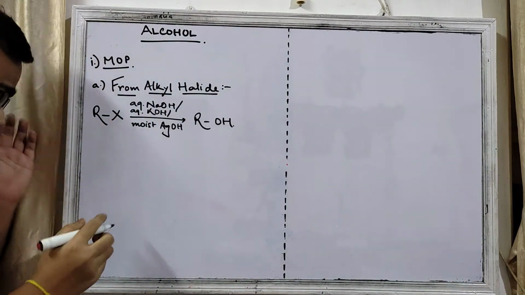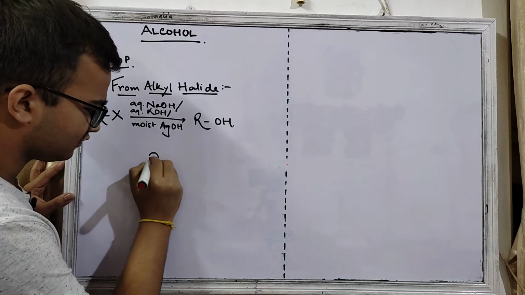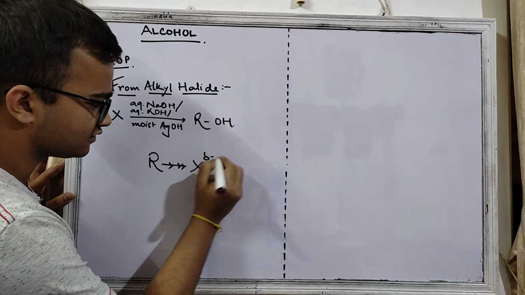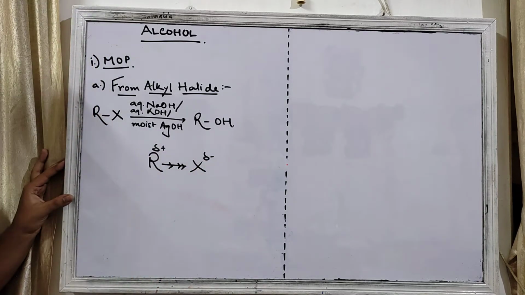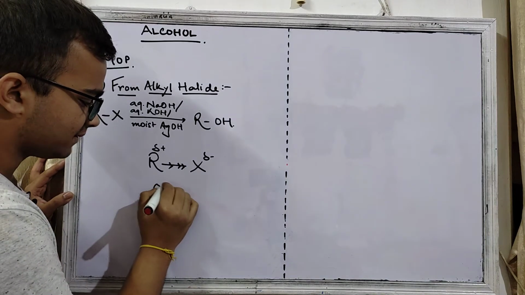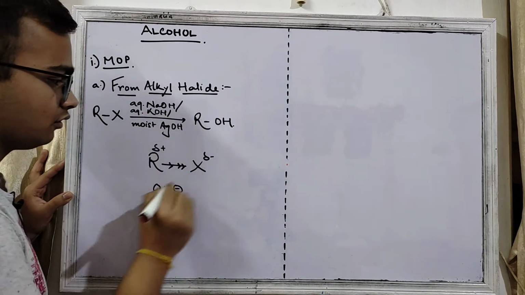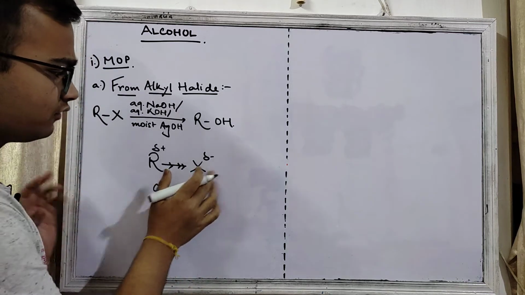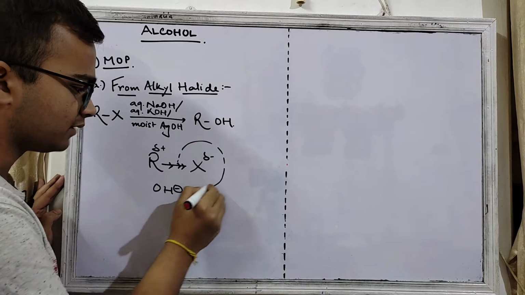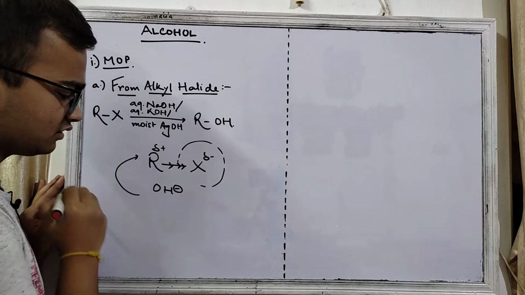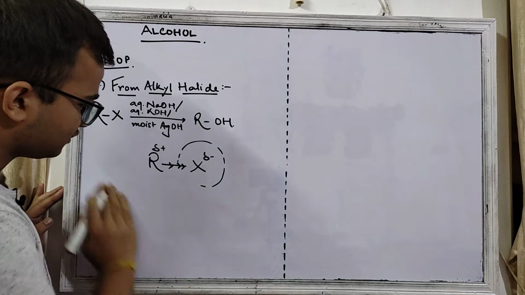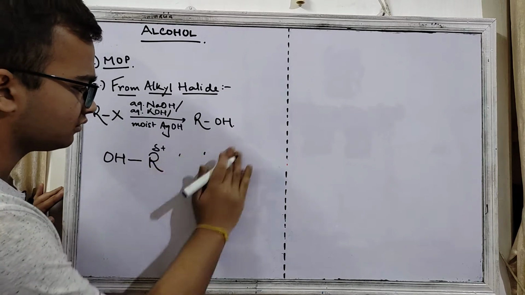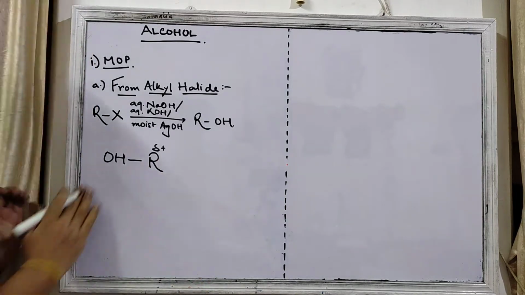I am trying to explain: this is RX, the polarity is directed towards the negative charge, and a plus charge is generated here. Now NaOH will liberate the OH minus ion, and since it is a strong base, this nucleophile will not wait for the removal of X minus, so it will directly attack from the rear side. Once this bond is formed, the other bond is broken, and as a result we get an alcohol.